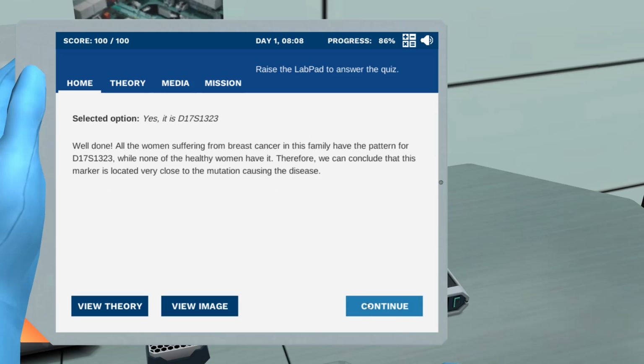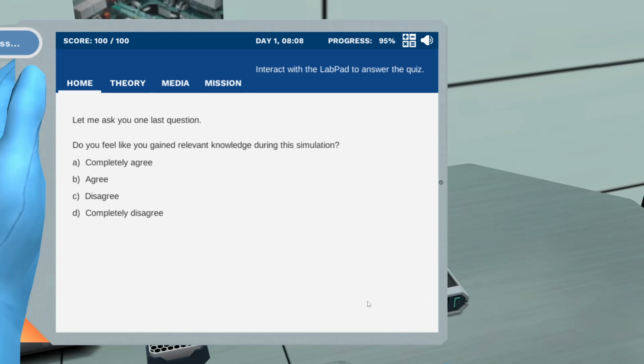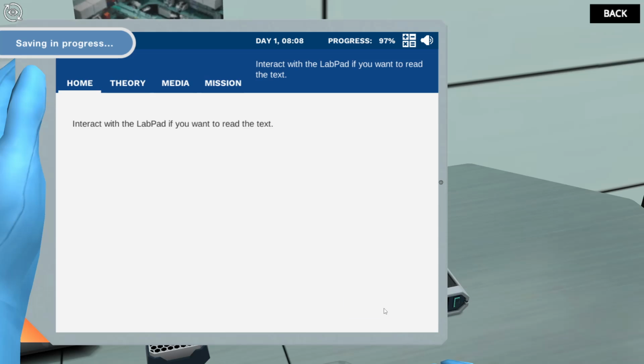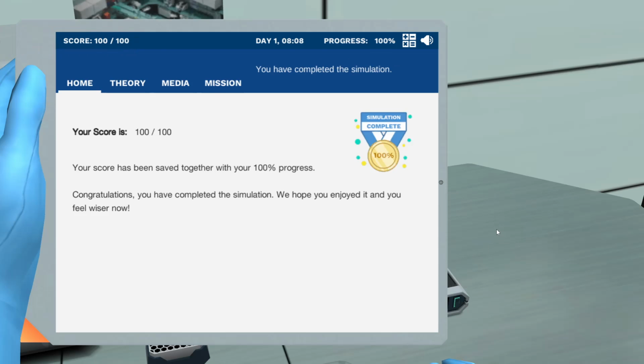Well done. All the women suffering from breast cancer have this pattern. Great work. Let me ask you one last question. Thank you, your score has been saved together with your 100% progress.